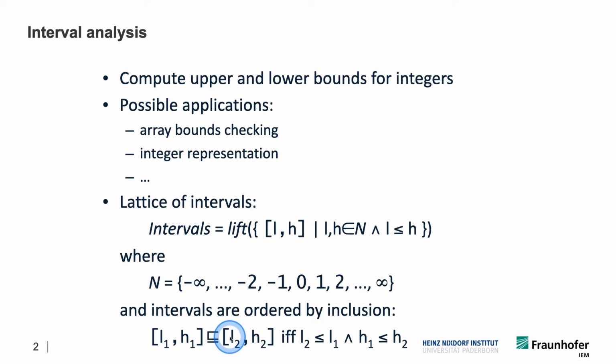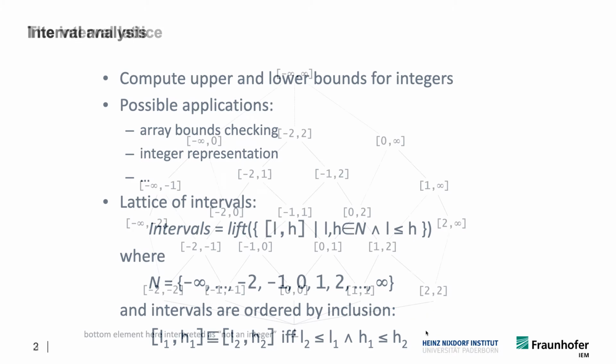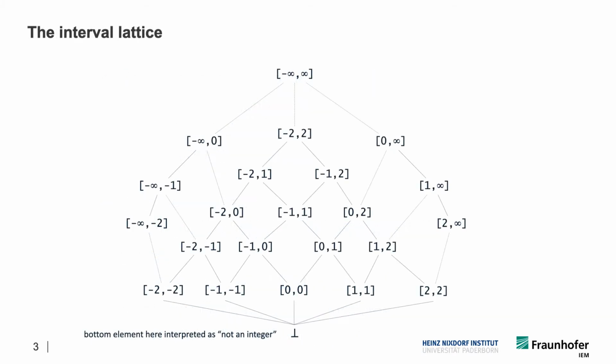That means we have this value here, which is smaller equals than this lower value. And the other way around, this value here is smaller equals than this upper value. And if you do that, then you basically obtain a lattice that looks like this.